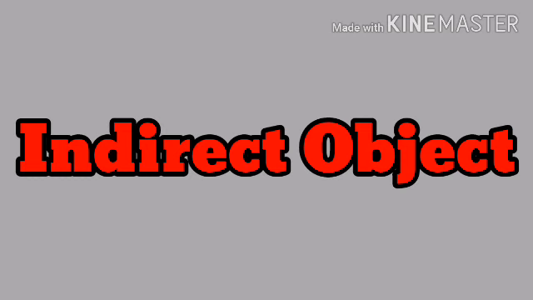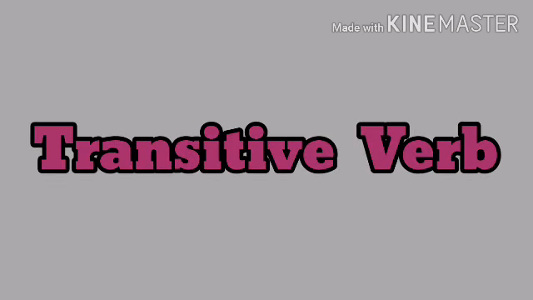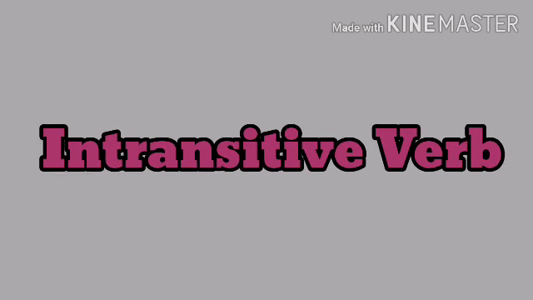Secondly, we have learned about transitive and intransitive verbs. A transitive verb is a verb which needs an object to complete its meaning. An intransitive verb makes complete sense by itself. It does not need an object to complete its meaning.